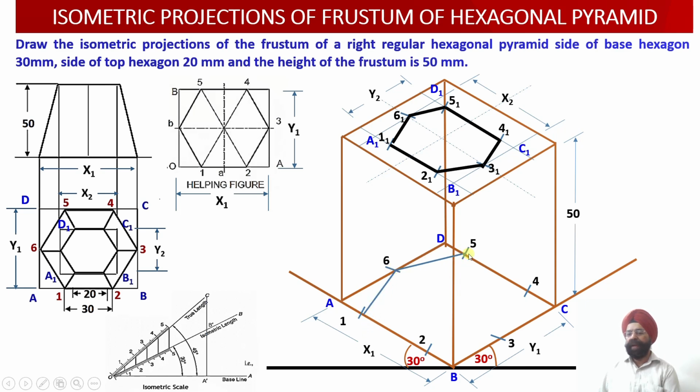They will be joined by using construction line. And the edges 1, 2, 2, 3 and 3, 4 are lying in the front side. So these 3 edges of the base of the hexagon will be visible, right?